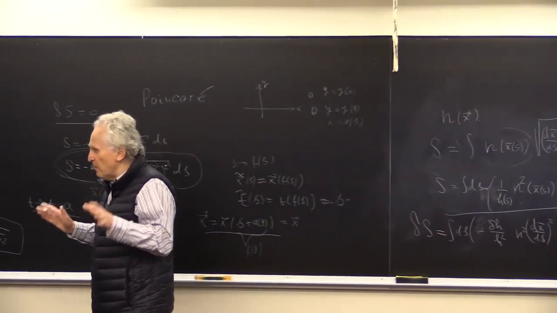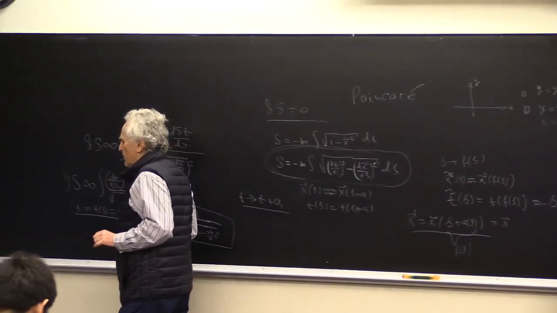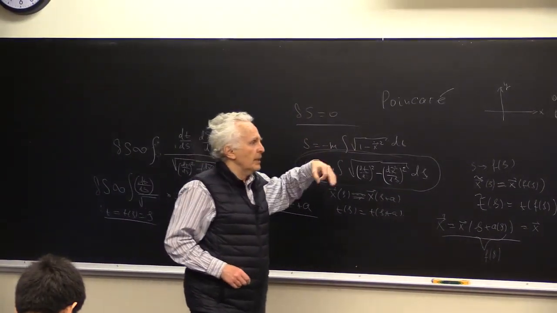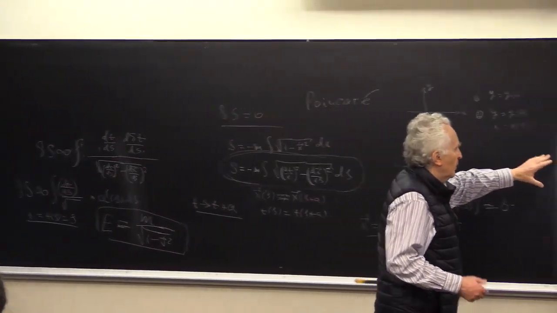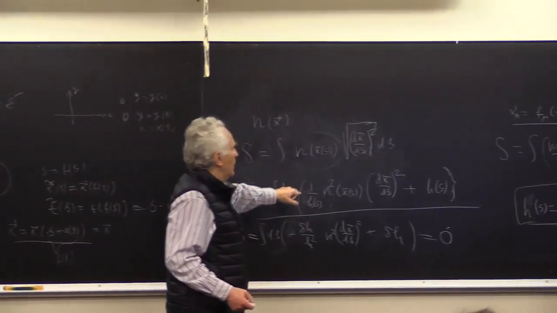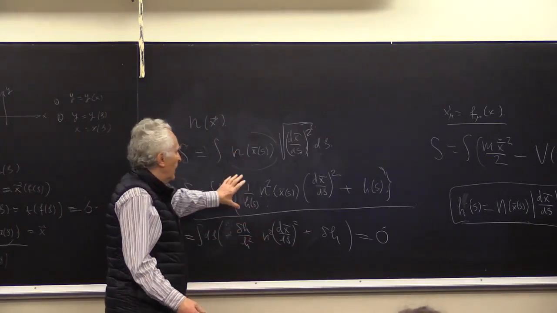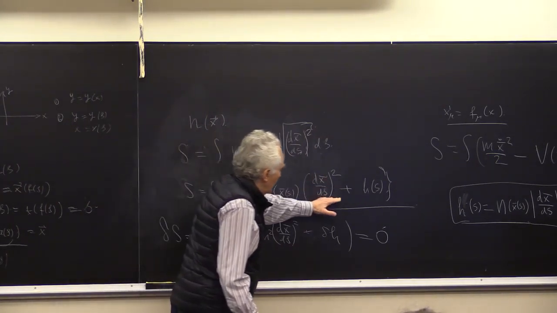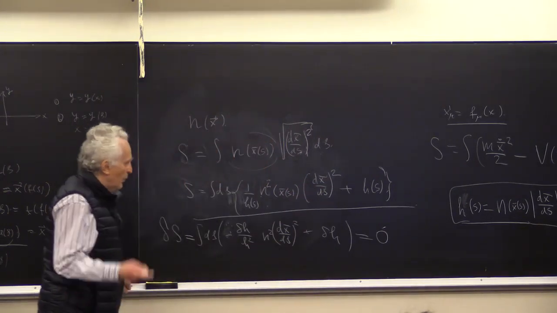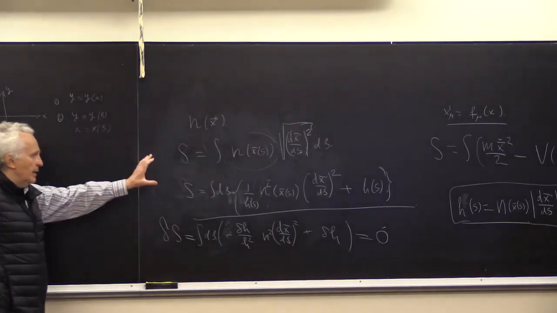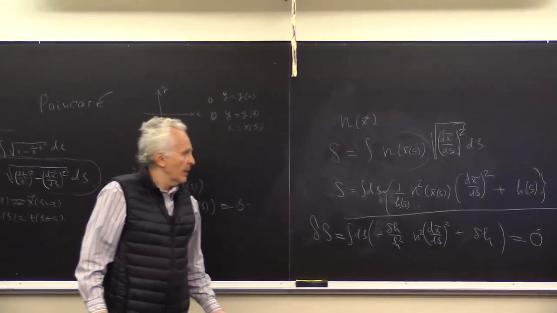It's simple but important to understand that you can exclude some variables when you have a variational problem. You can minimize with respect to some of them, not all of them, and use this equation. You plug it back into the original functional.